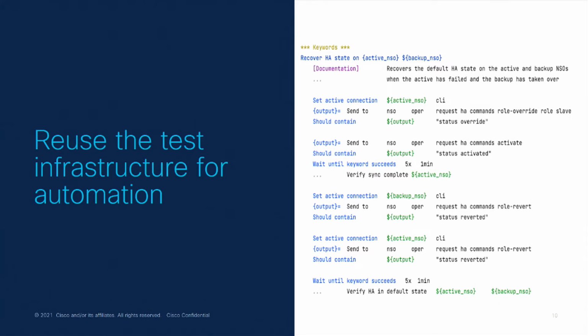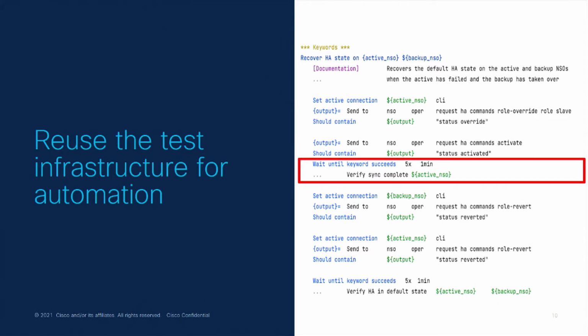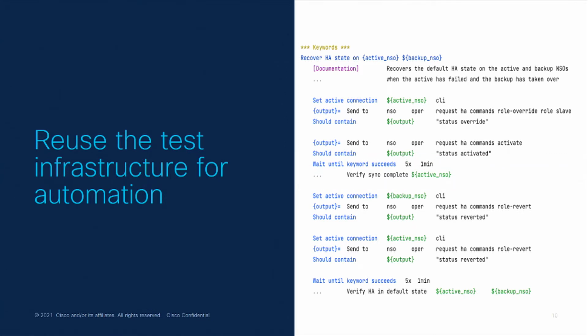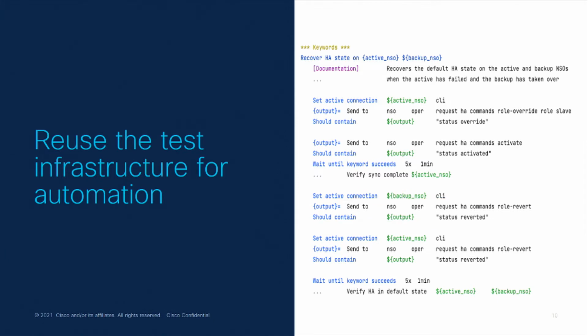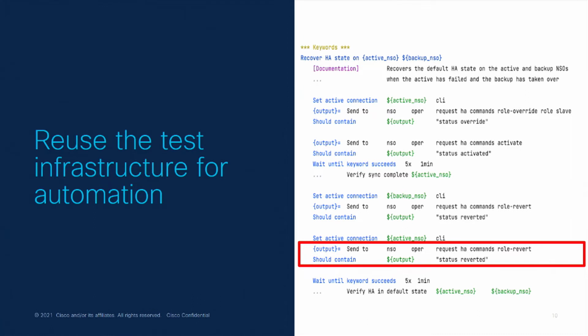And then you need a way to make sure that the sync has completed, because it's got to sync its database, and at least as far as I know, that isn't exposed in the CLI. So you have to go to the logs and make sure you see a message saying sync is complete. And then you roll revert on both the active and then the backup, or the backup then the active. You have to do all those commands just to get your HA back into its default state.